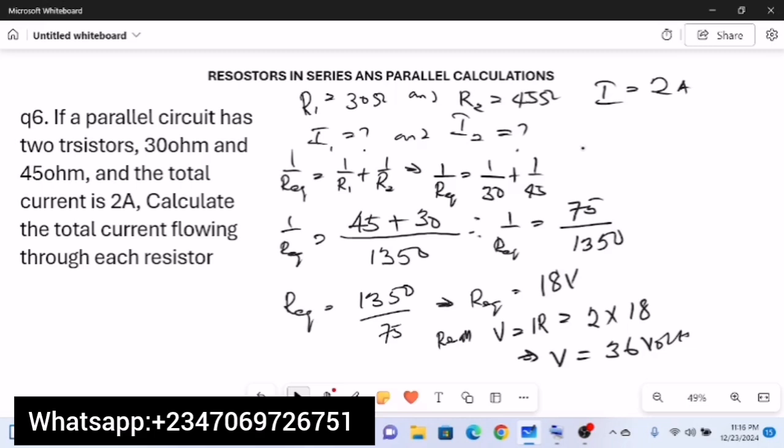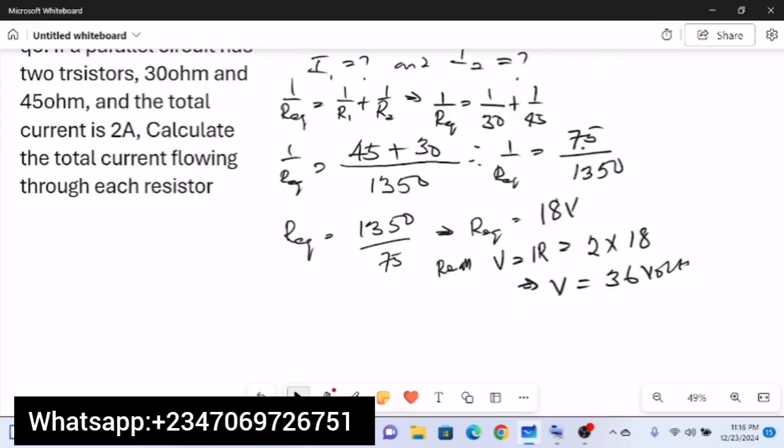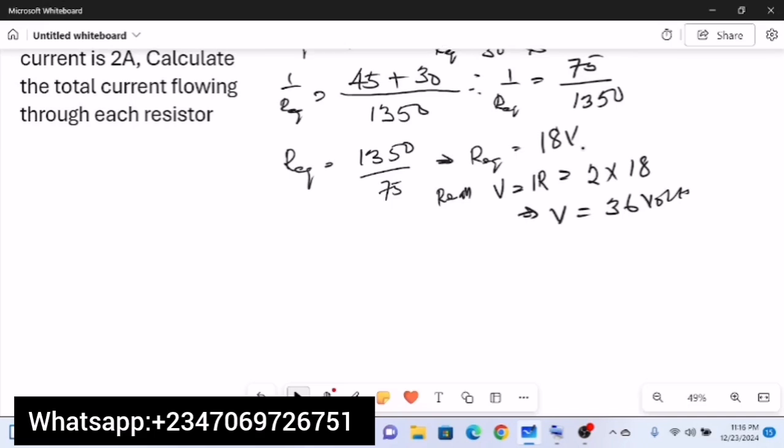With this, you can now find the individual current flowing through each of the resistors. To do that, for the first resistor, R1, V is equal to I1 R1, right?